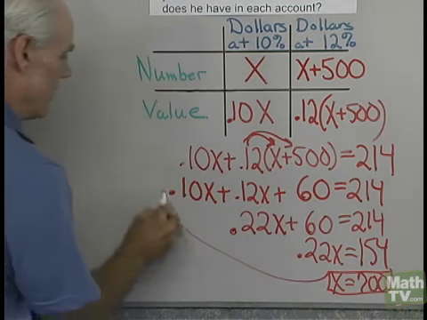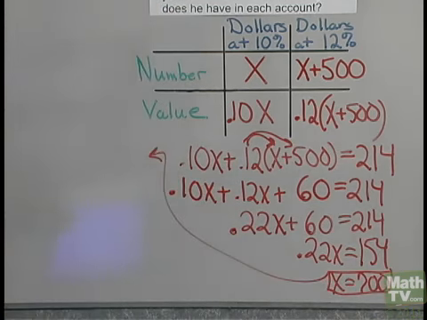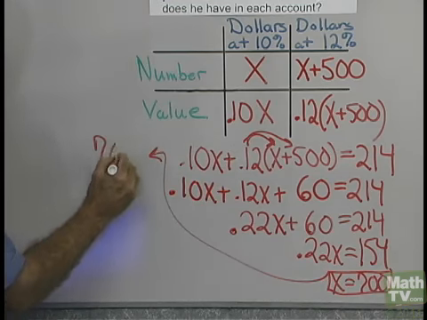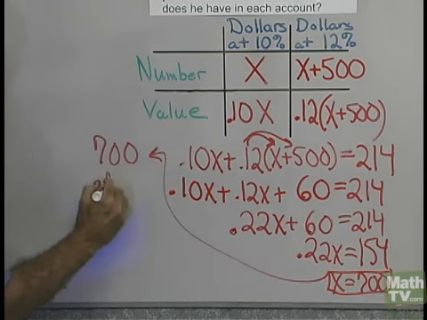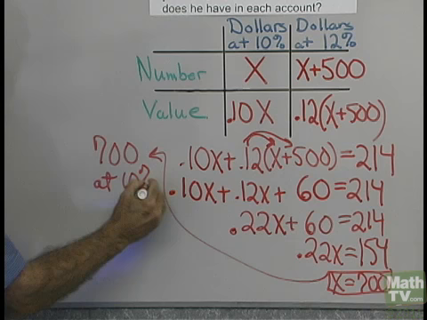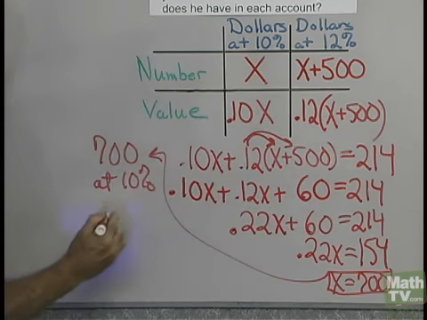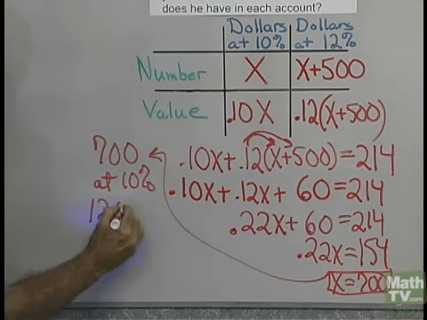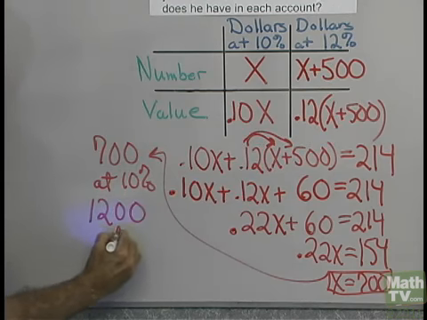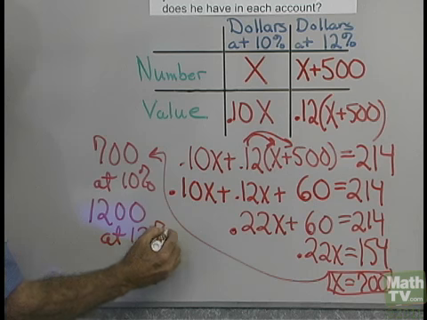So I have x equal to 700, so I have $700 invested at 10%, and then I have $500 more than that, or 700 plus 500 is $1,200, invested at 12%.